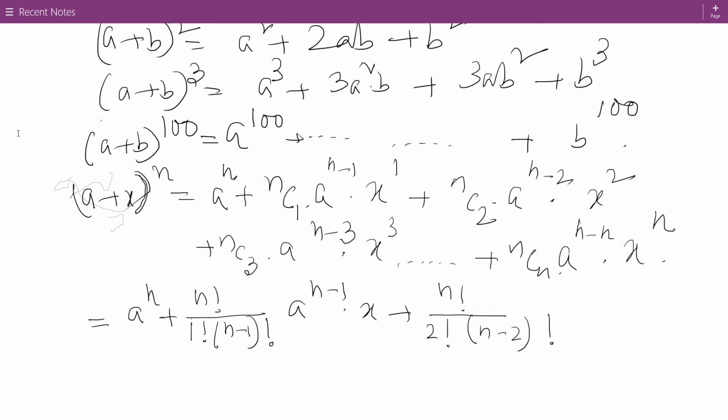Then for the power of a, n minus 2, x to the power 2.